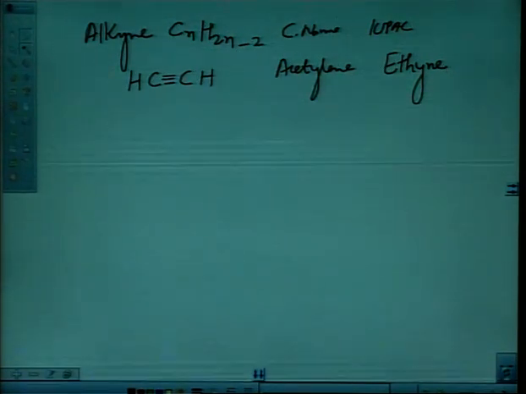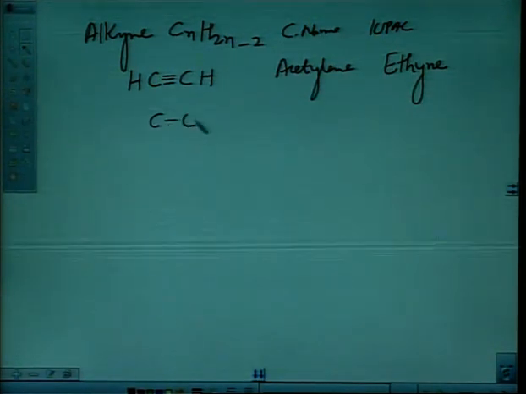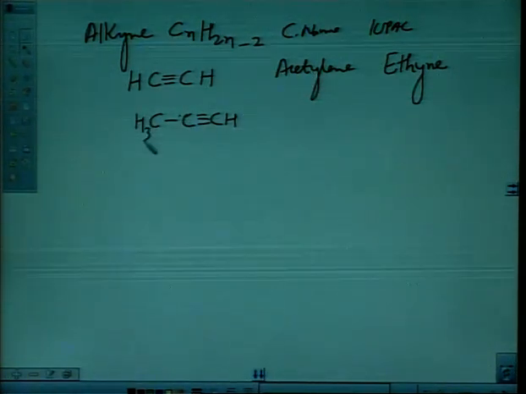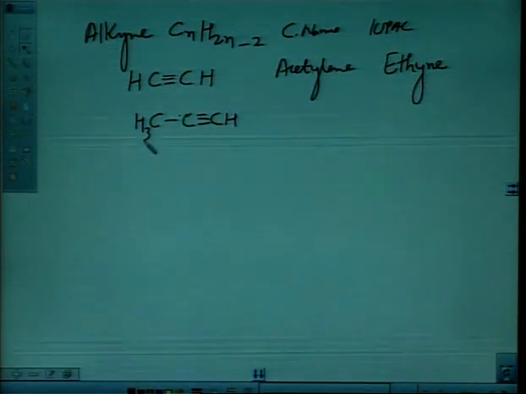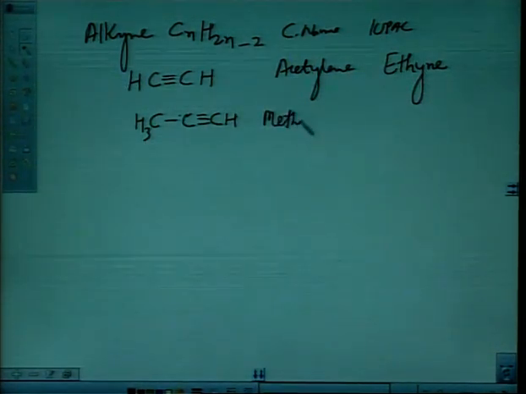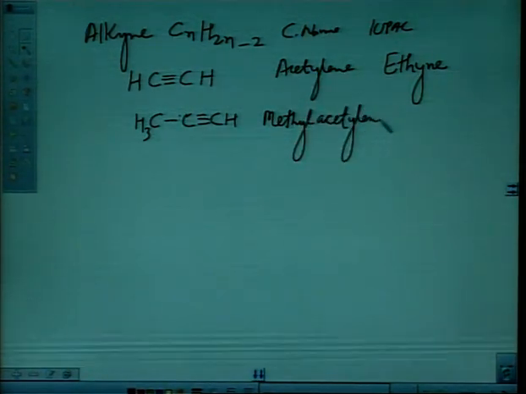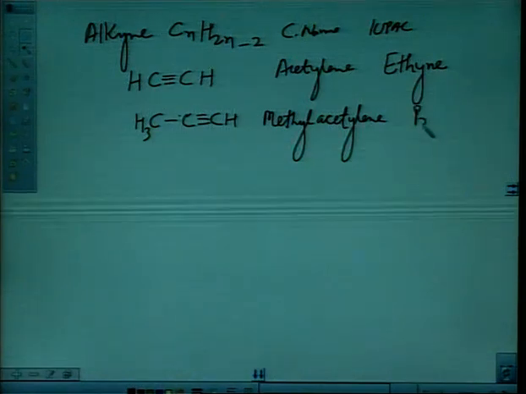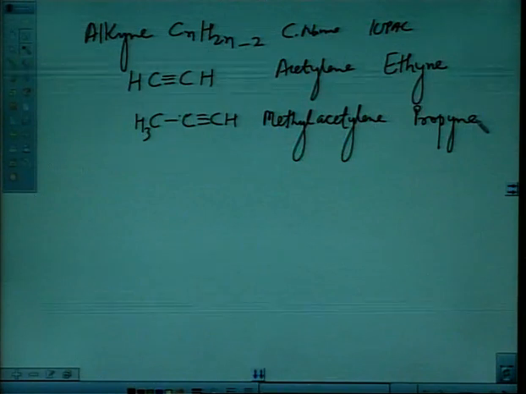The next member has 3 carbons. Its common name is methyl acetylene and the IUPAC name is propyne. Prop for 3 carbons, yne for the triple bond.